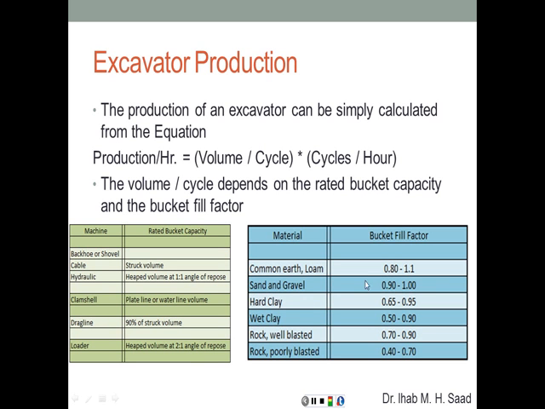For sand and gravel, it's going to be anywhere between 0.9 and 1.0. For hard clay, it's going to be 0.65 to 0.95. It's going to be lumped into larger particles. For wet clay, it's going to be anywhere between 0.5 and 0.9. Rock, well blasted, relatively graded, is going to be 0.7 to 0.9. And rock poorly blasted is going to be 0.4 to 0.7. So we're going to use only about half of the capacity of that bucket.